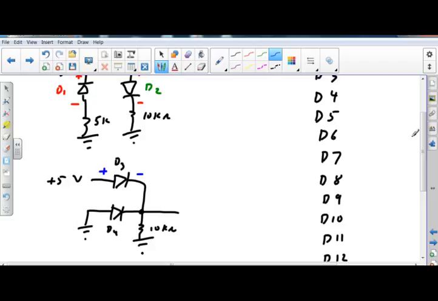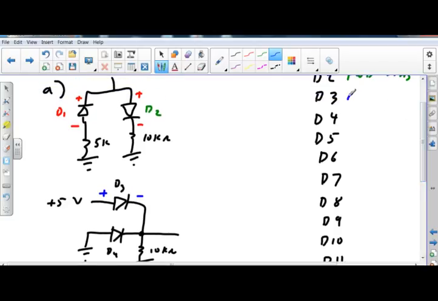So D3 is going to be forward biased. Okay, that being the case, I'm going to have 0.7 volts there. If I'm 0.7 volts on this side, I'm positive on this side, I'm negative on that side. D4 is reverse biased.